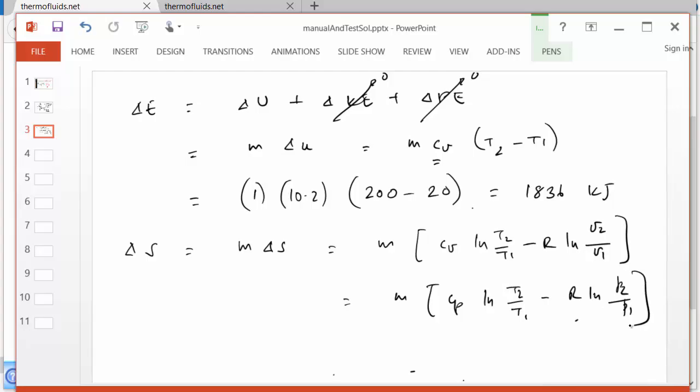Which one should we use? Because the volume remains constant and mass remains constant, the volume ratio equals 1, and therefore the log of that goes to 0. So the first one is the simpler formula.